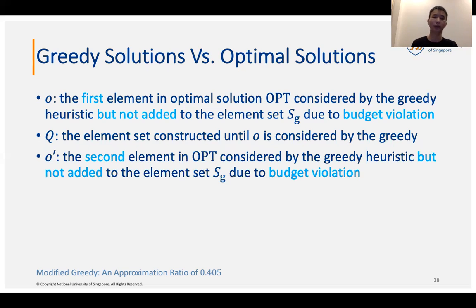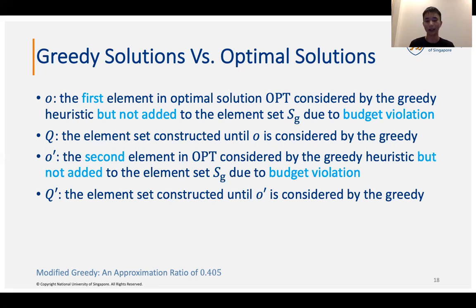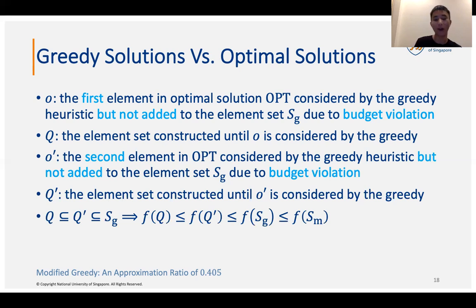The second solution we want to consider is Q prime. It is very similar to Q. It considers the second element in OPT but not added to SG. Conveniently, Q is a subset of Q prime, which is a subset of SG. So we can use this relation to derive the relation between SG and OPT.